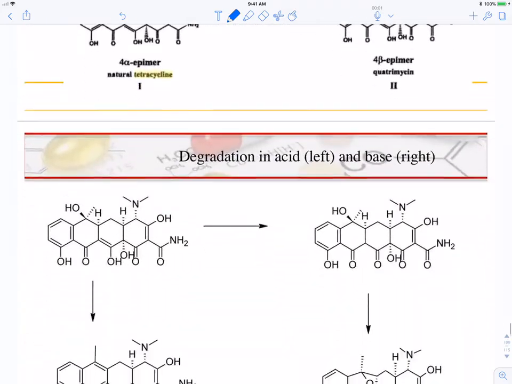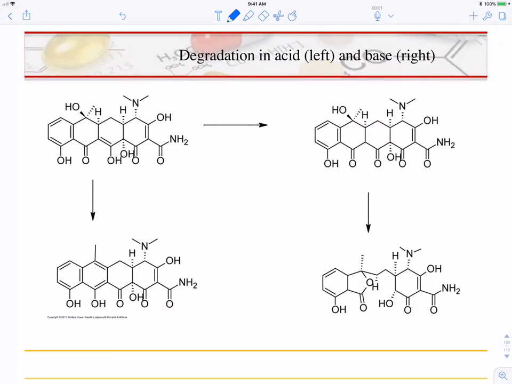The degradation correspondingly is basically carried out either in acids or bases, and in both cases results in a ring opening here in a base situation. And this is then responsible for the loss of activity. In this case, in an acid, we have the formation of another aromatic ring.